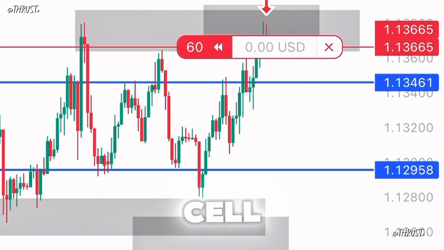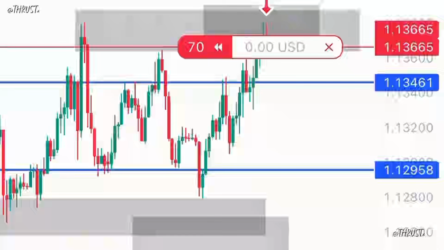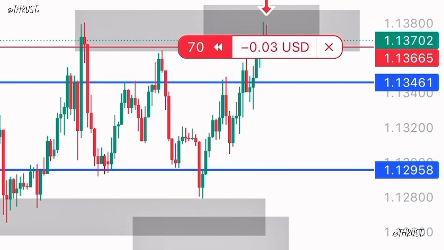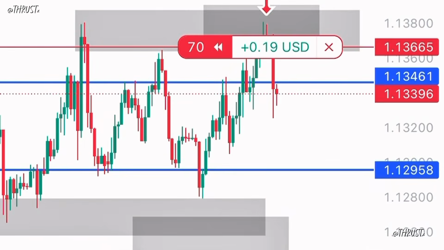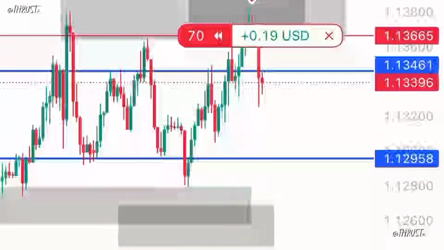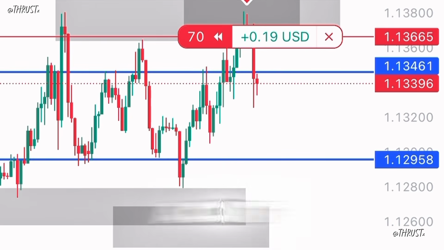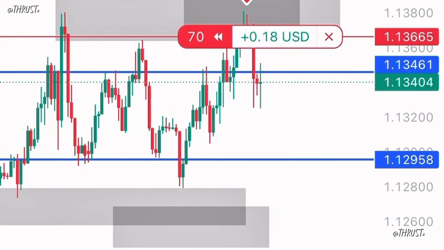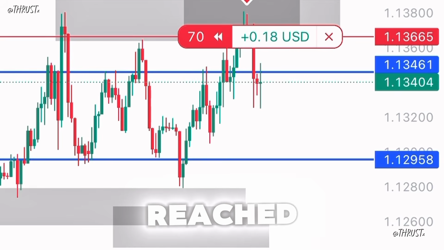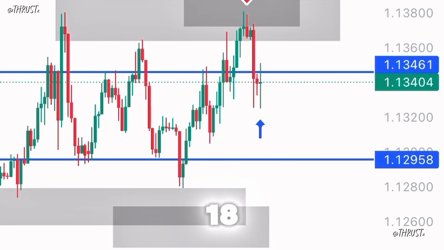Put your sell positions. If you have a small account, I'm sure you can use very small lot sizes. And going down from there, the first TP has been reached and we have 18 cents, so we just exit.